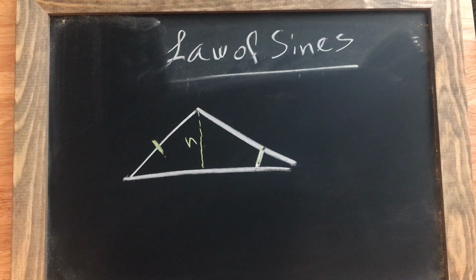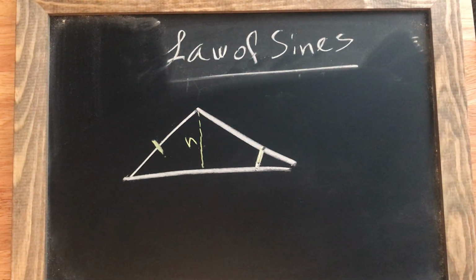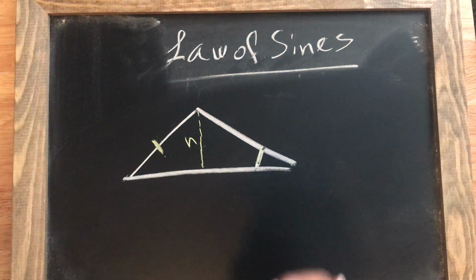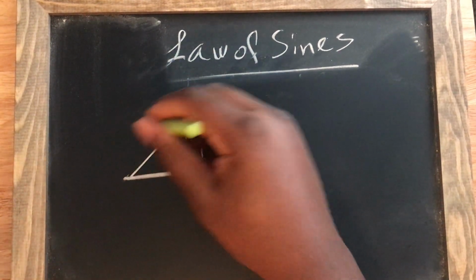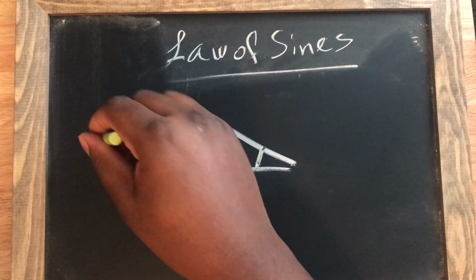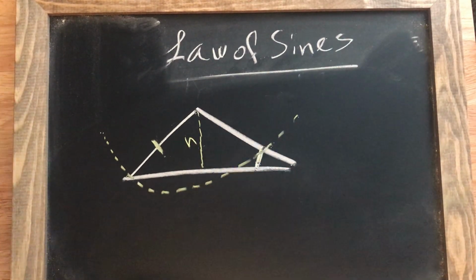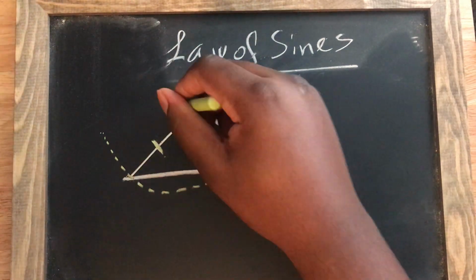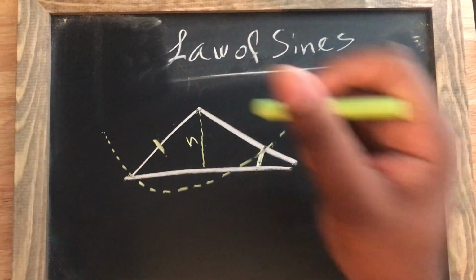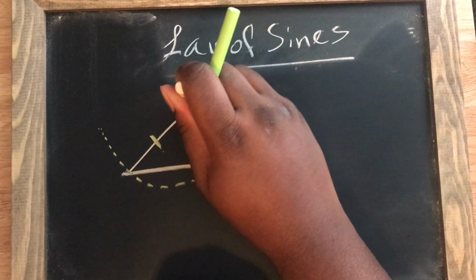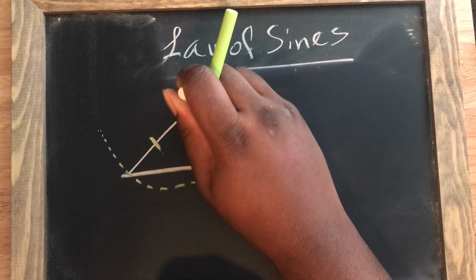Otherwise, it won't create a triangle. Why did I say that? Well, let's look at it. If I were to use a protractor, you would see pretty quickly that, let's say it was shorter. This length was shorter. Instead, it only came out, say, to here.